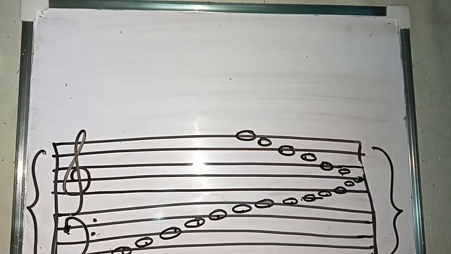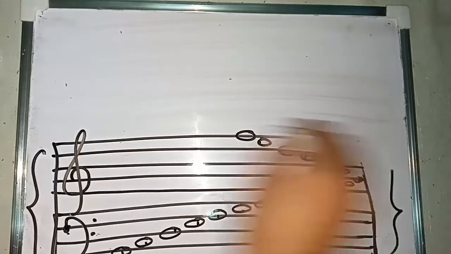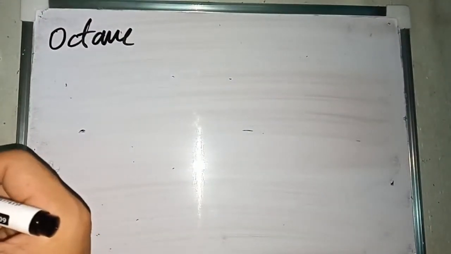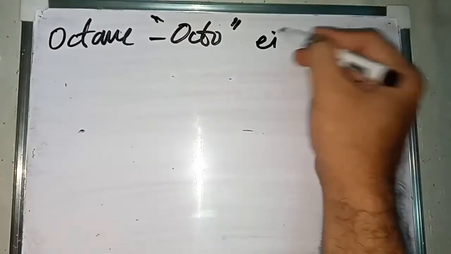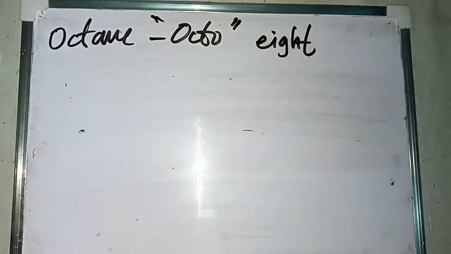Okay, pitches on the keyboard are also arranged by octaves. The word octave is derived from the Latin word octo, meaning 8. The interval from C to another C is called an octave because the distance covers 8 pitches or tones.